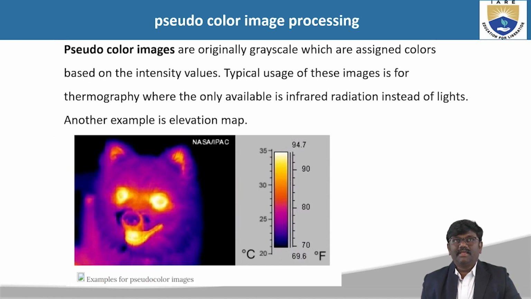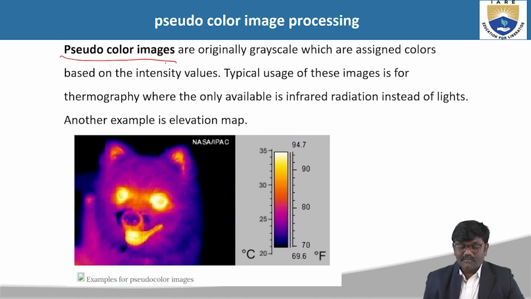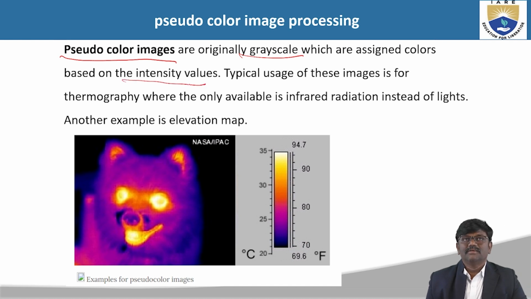Next, for the sake of understanding pseudo color image processing, in terms of how you apply it from grayscale to color, let us see here. The pseudo color images are originally grayscale, which are assigned colors based on the intensity values. Based on the intensity of the pixel values, you apply your grayscale to color image.